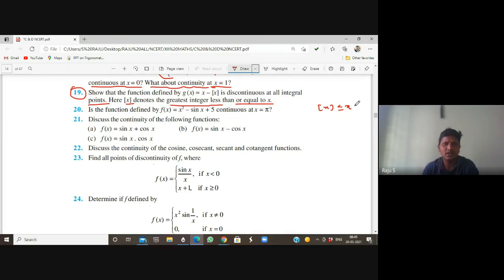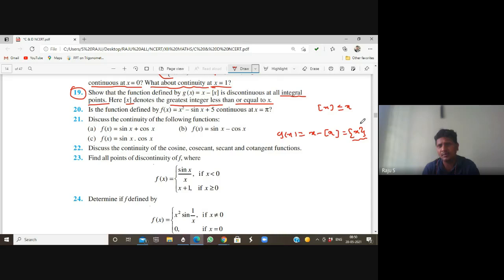Indirectly, what they have given here is g of x, x minus f of x, nothing but the fractional part. Now we have to show that the fractional part is discontinuous at all integral points, at every integer.